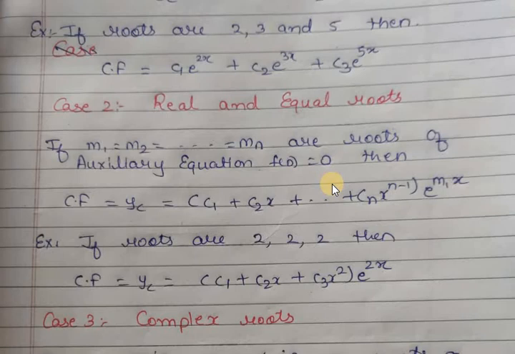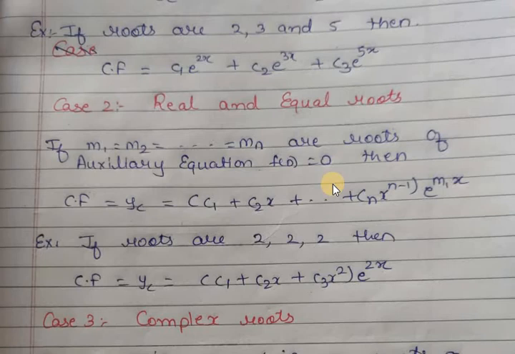So the auxiliary equation is given by f(D) equal to 0, so it will be D square plus 4D plus 4 equal to 0. D square plus 4D plus 4 can be written as (D plus 2) whole square, because it is a whole square of D plus 2. So (D plus 2) whole square is equal to 0. Therefore D plus 2 is equal to 0, or D plus 2 is equal to 0. Therefore D equal to minus 2 and minus 2.